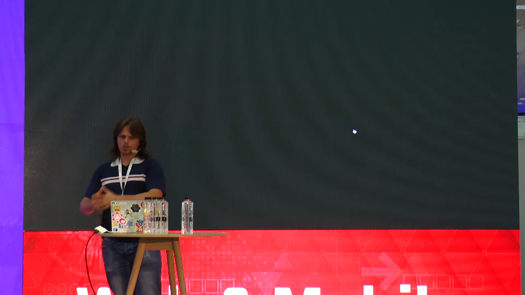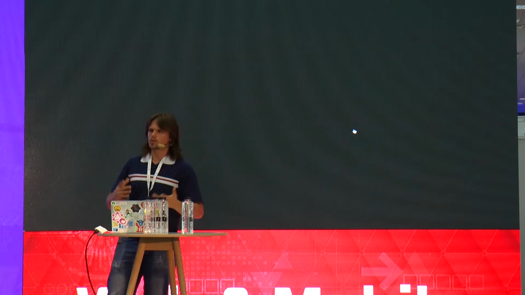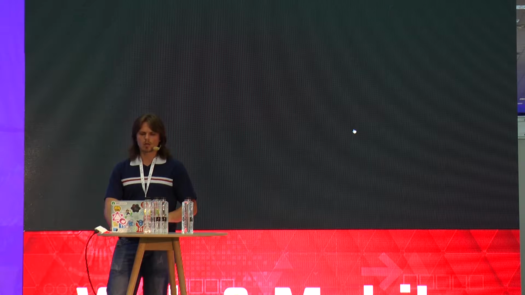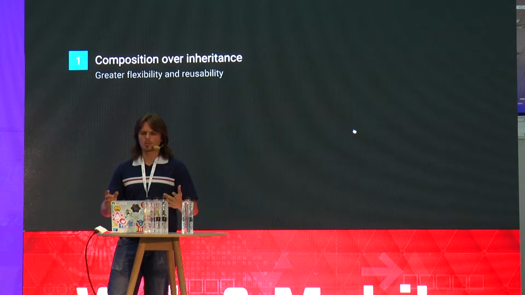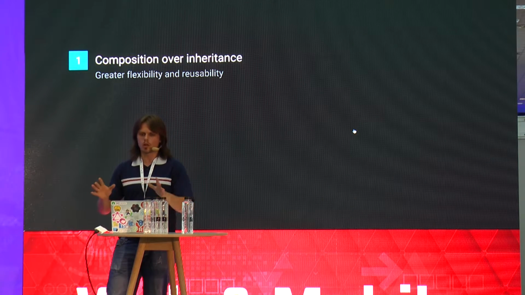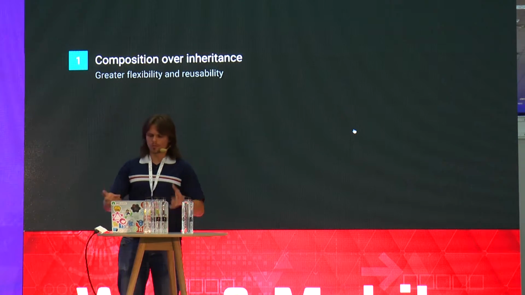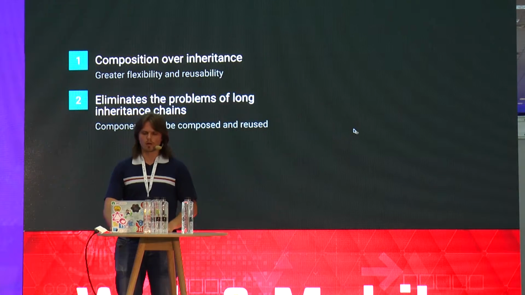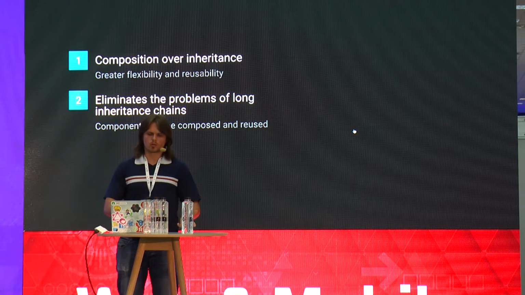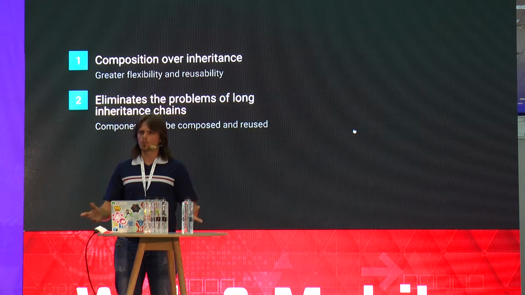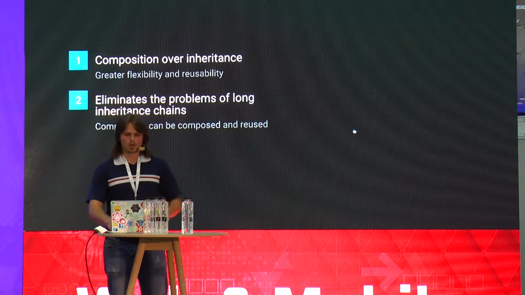So I said previously with A-frame we use entity component system. And component system is basically no inheritance. We use composition, like things from functional programming, right? So we use composition over inheritance, which eliminates problems of long inheritance chains.